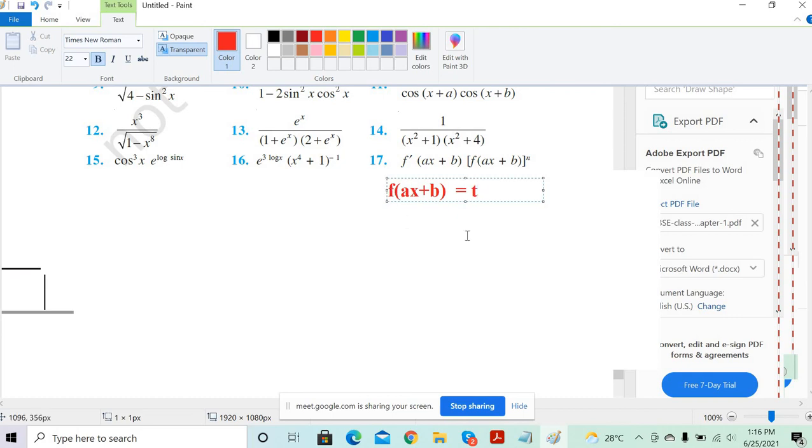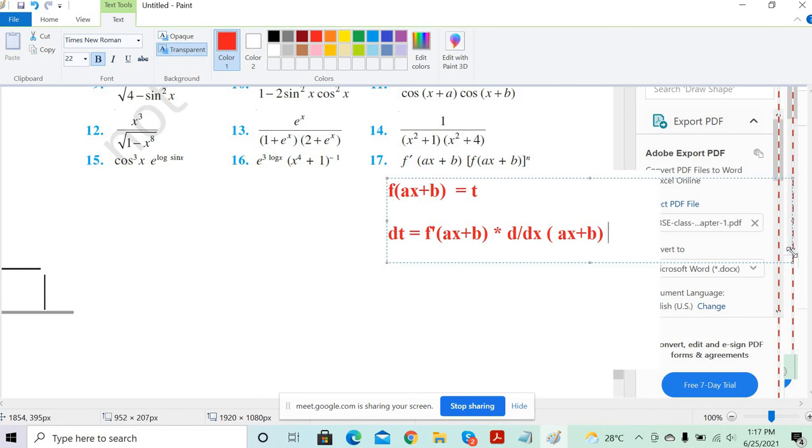Now we'll differentiate it. So dt will be equal to f dash, using the chain rule for differentiation. F dash of ax plus b into d by dx of ax plus b. Correct, no?